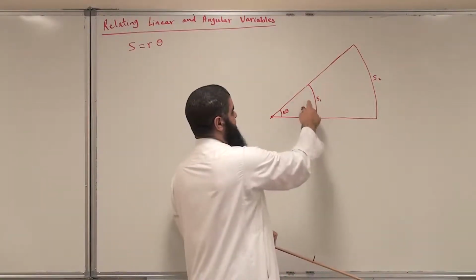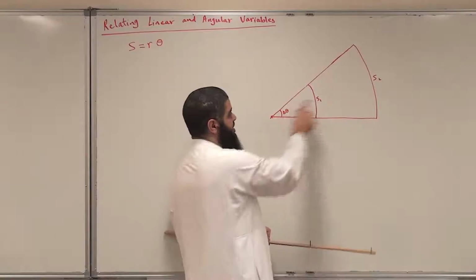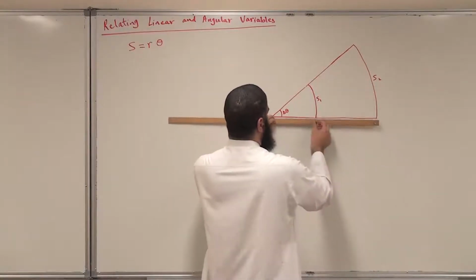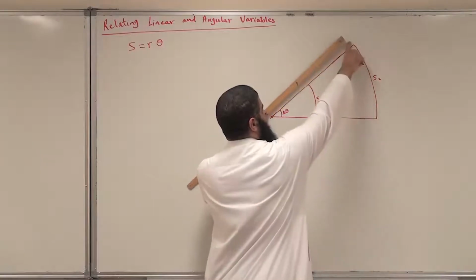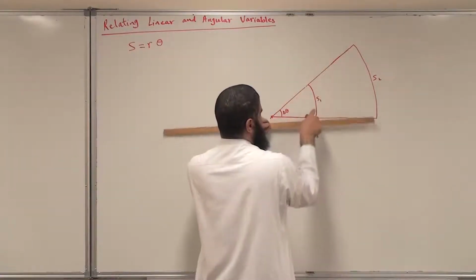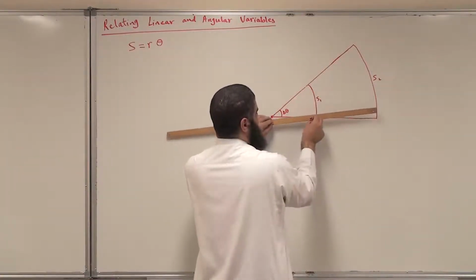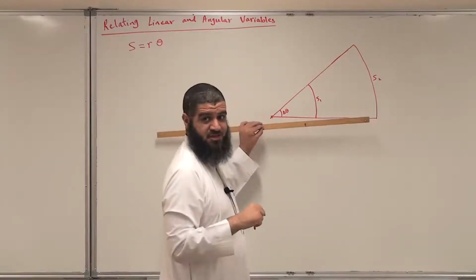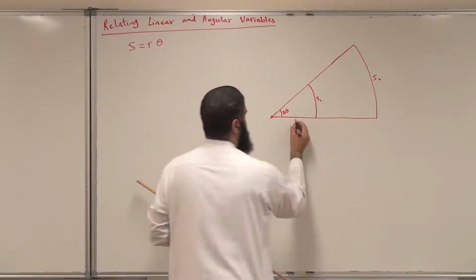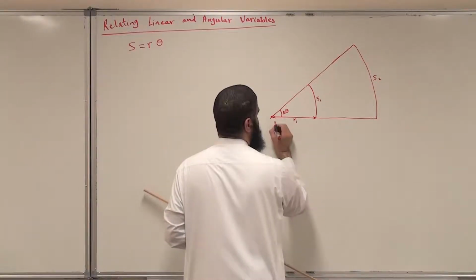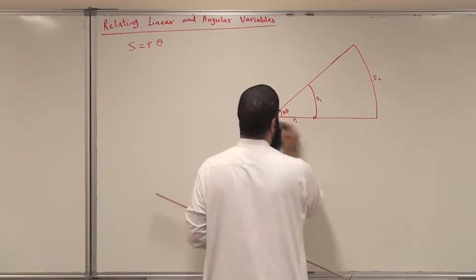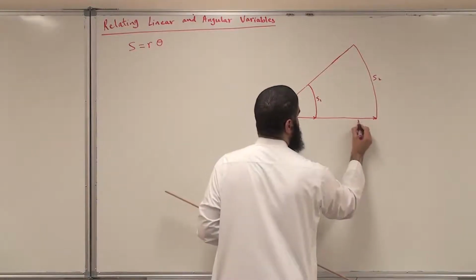S1 is closer to the axis of rotation, while S2 is further from the axis of rotation. So this point has traveled a further distance than the point which is closer to the axis of rotation. This is R1, from here to there, while R2 is greater. So this is R2.